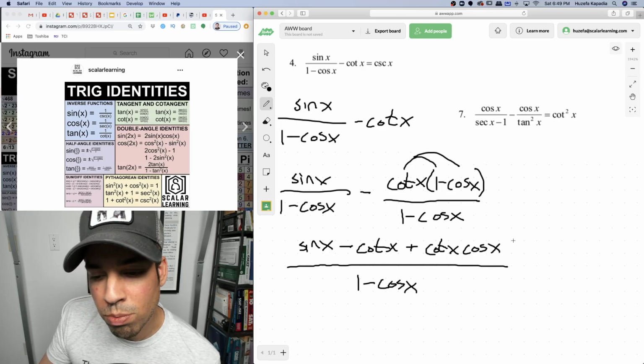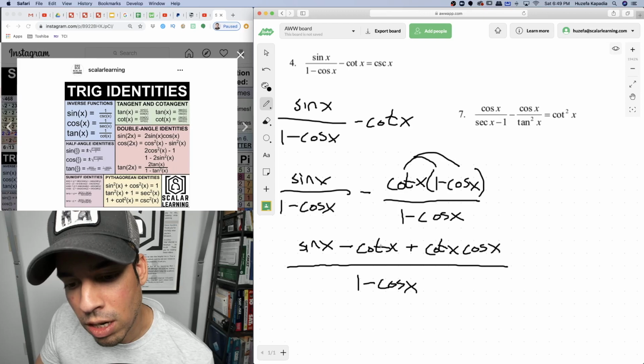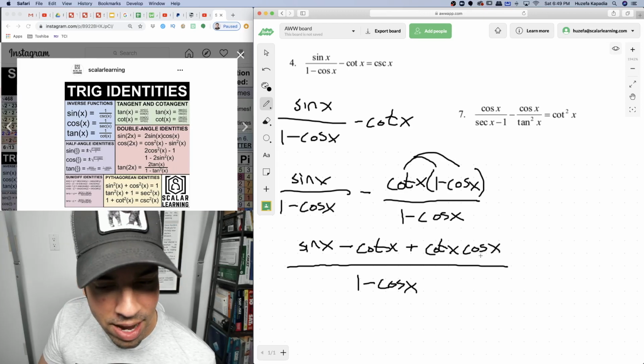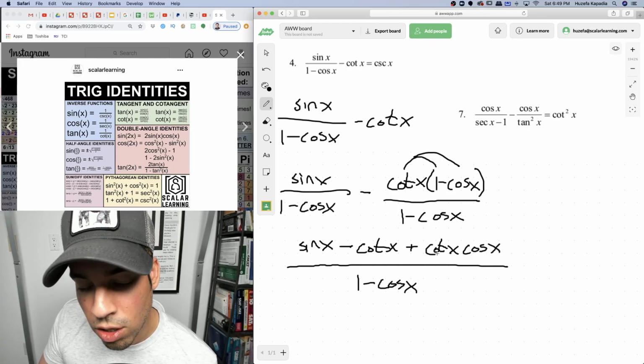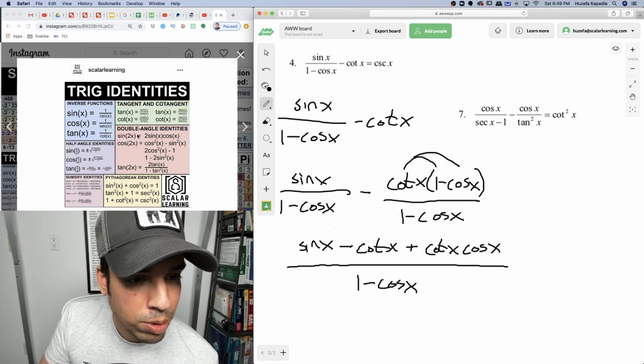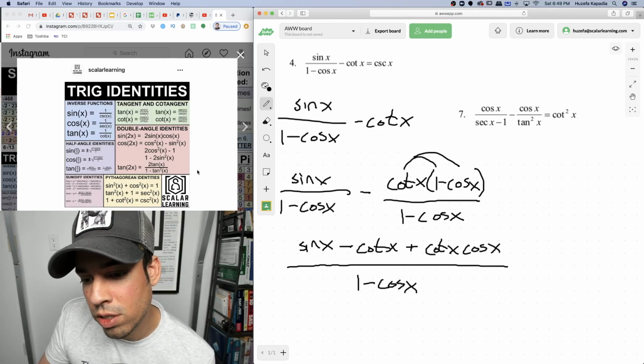Now this is still pretty interesting because, check it out, cotangent of x can again be written as cosine over sine. So watch this.